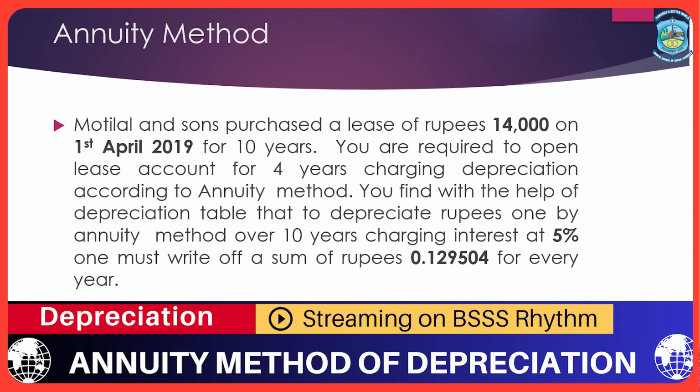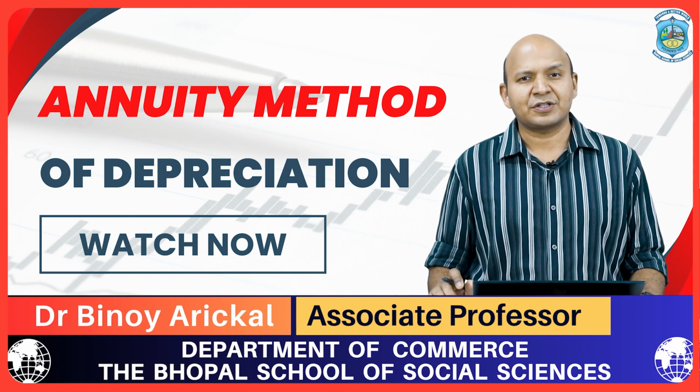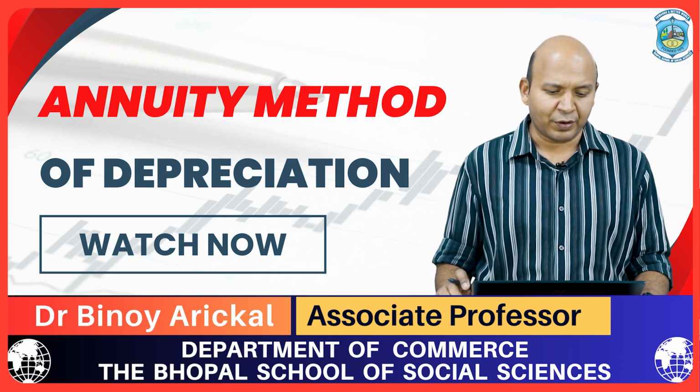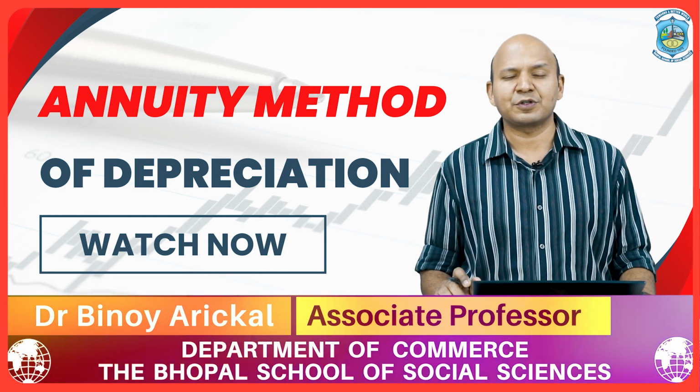You find with the help of the depreciation table that to depreciate rupees 1 by the annuity method over 10 years, charging interest at 5%, one must write off a sum of rupees 0.129504 every year. In this illustration, the annuity value they have already given, that is 0.129504.